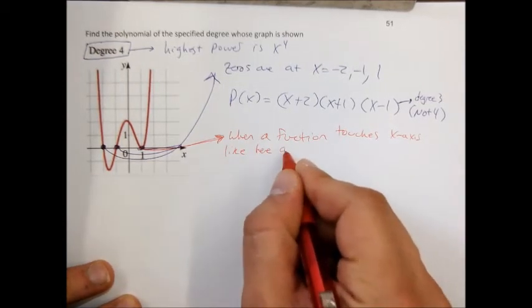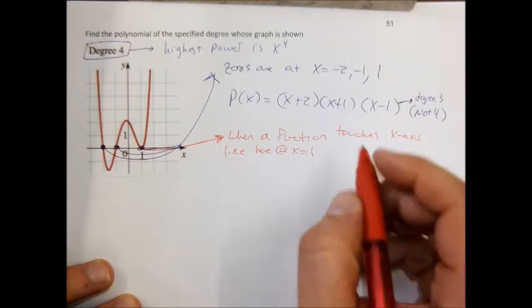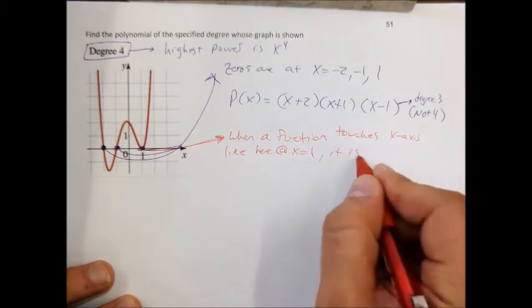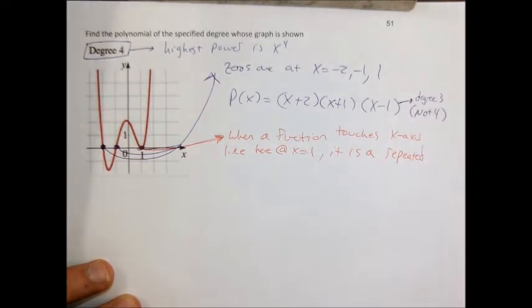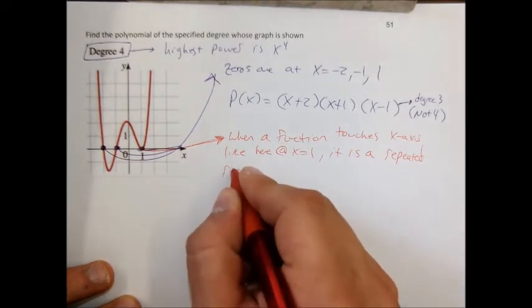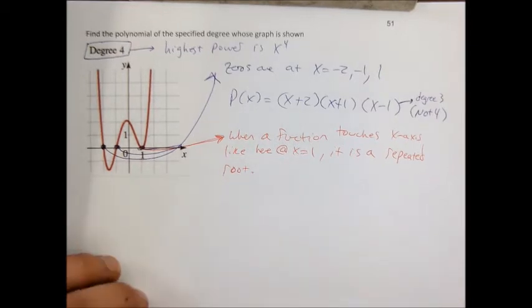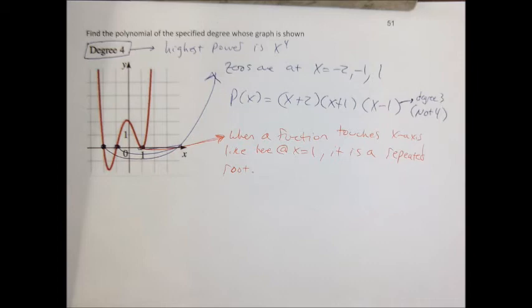So when a function just touches the x-axis like this, like here at x equals 1, it is a repeated root, i.e. it occurs more than once. And moreover, it has to occur an even number of times. For our purposes, we'll just assume it occurs twice, but it could be a fourth or 6th or 8th.